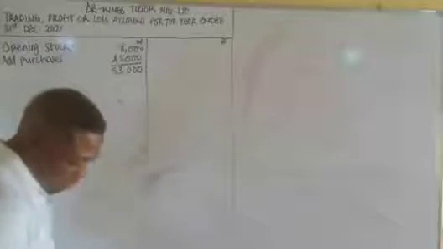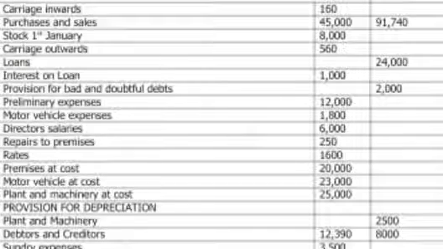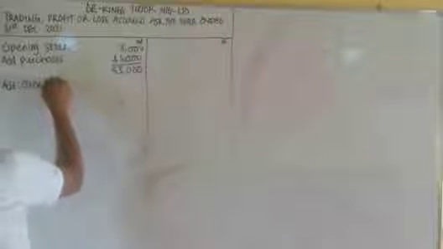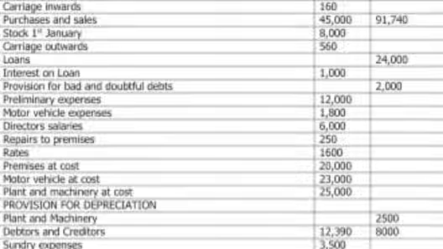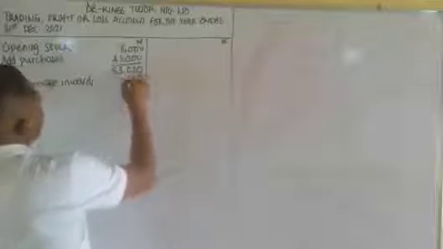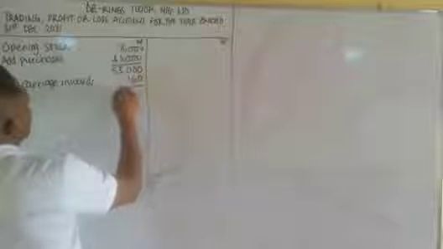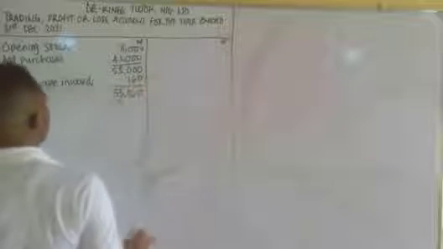We have 53,000. Okay, so now also check in the question if we have carriage inward. So there is carriage inward, so we add it also. Carriage inwards from the question is 160. So we have 53,160.